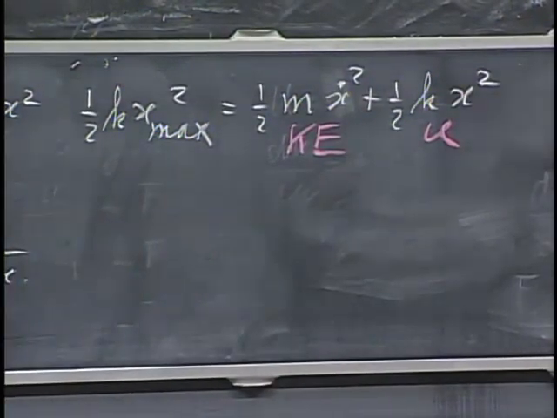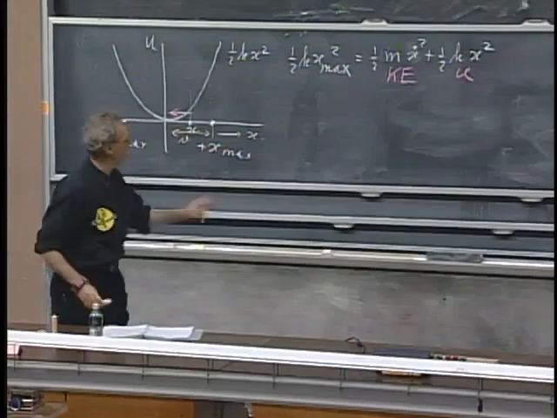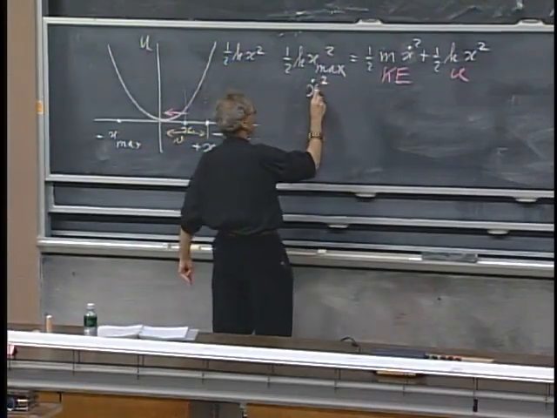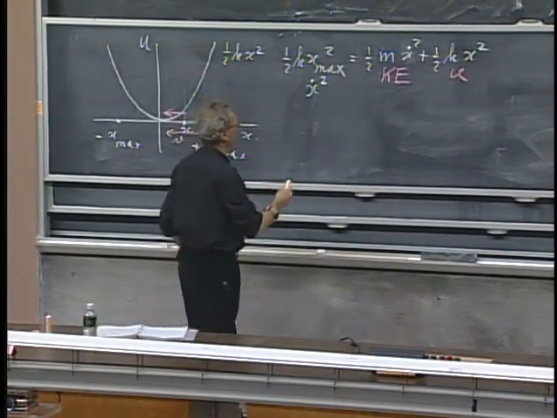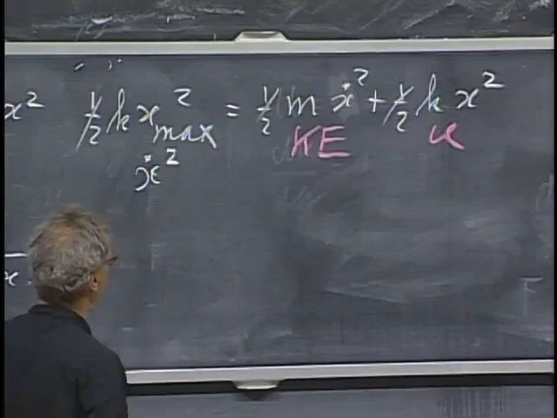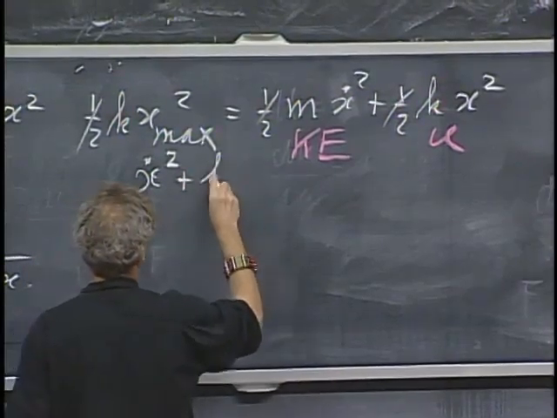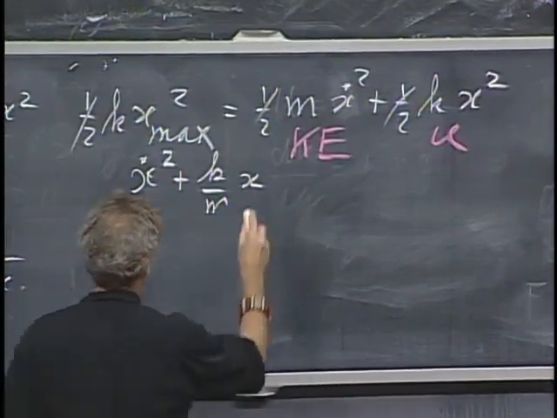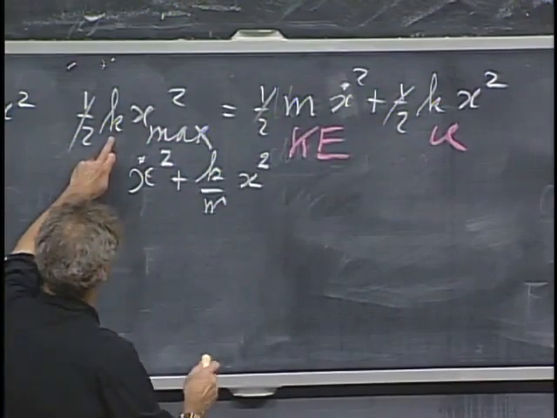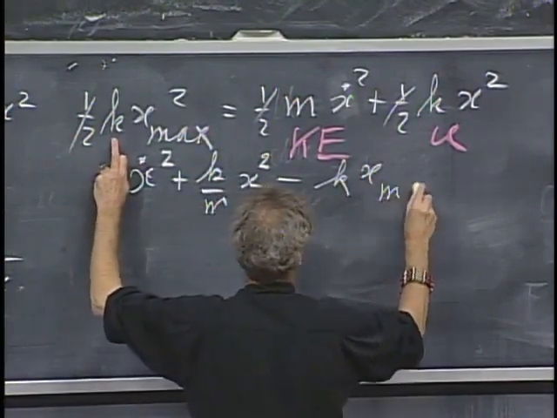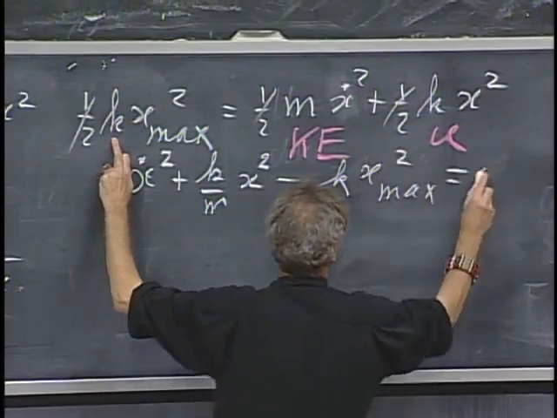And now I'm going to rewrite it slightly differently. I bring the x dot squared to one side. My halves go away, and I divide by m. So I get plus k over m times x squared. And then I get minus k x max squared equals 0.